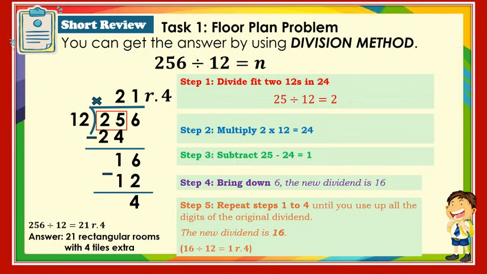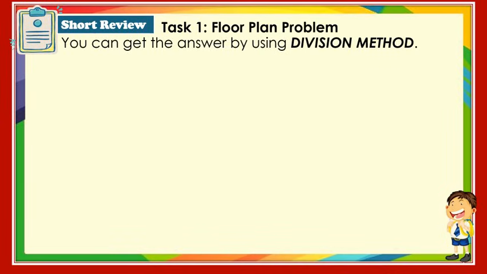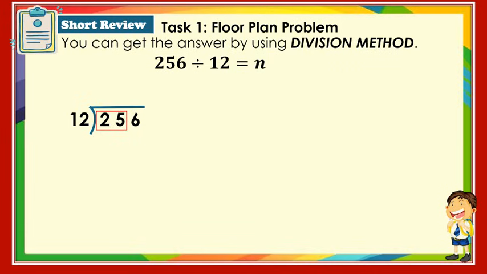You can get the answer by using the division method. Again, 256 divided by 12 equals n. We will use 25 as our dividend, divided by our divisor, which is 12. So 25 divided by 12, the answer is 2. Then multiply 2 by 12, we have 24. Then subtract 25 minus 24, the answer is 1. Then bring down 6. That becomes our new dividend, 16. 16 divided by 12, we have 1. 1 times 12 is 12.